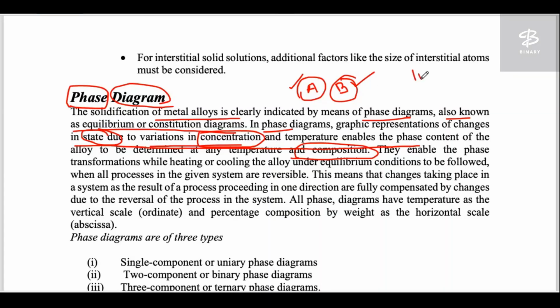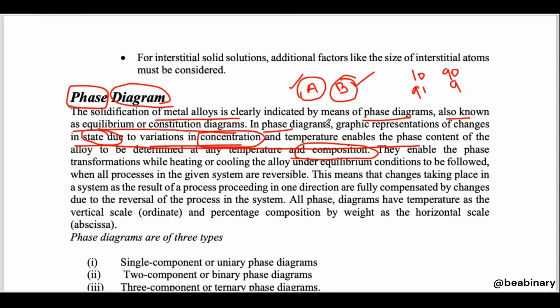If 10% is from A, then it definitely means 90% is from B. If it is 91, then it will be 9. So the concentrations vary with the state.